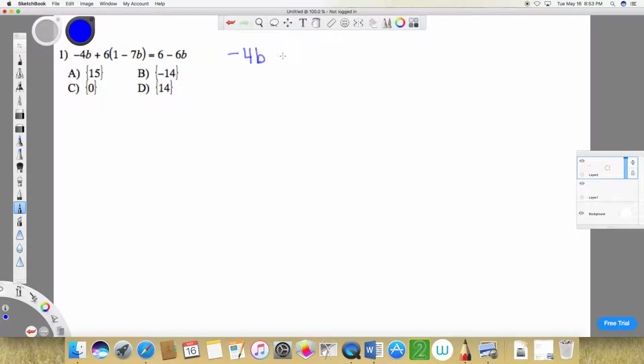So 6 times 1 is 6, and then multiplication distributes over the subtraction, and 6 times 7b is 42b. On the right hand side we have two terms. The first term is 6, the second term is 6b.